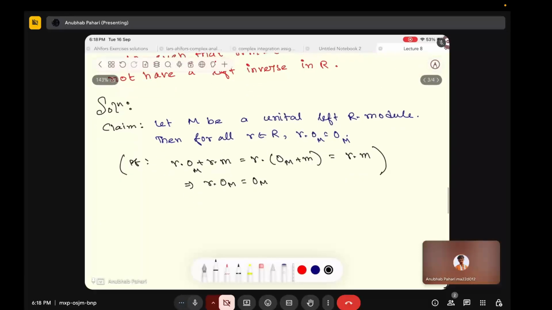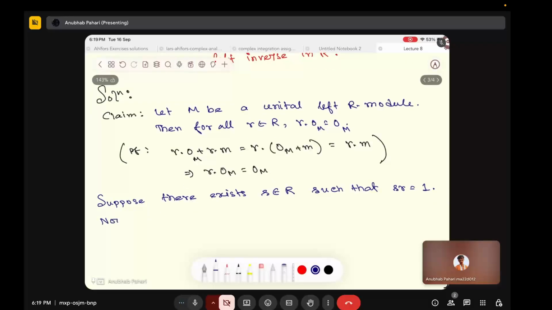Now suppose there exists small s belongs to capital R such that s r equals 1.